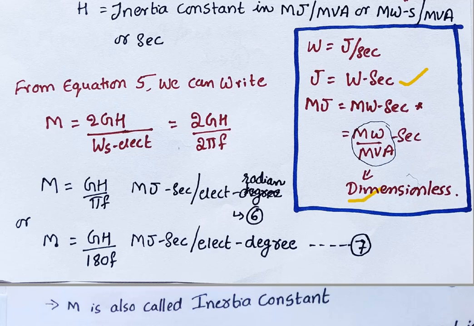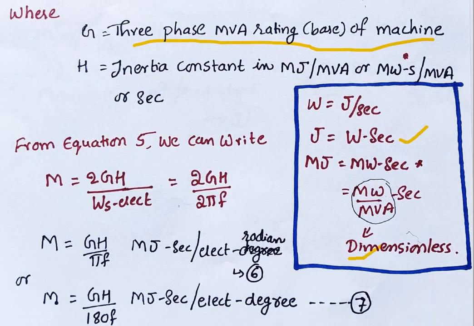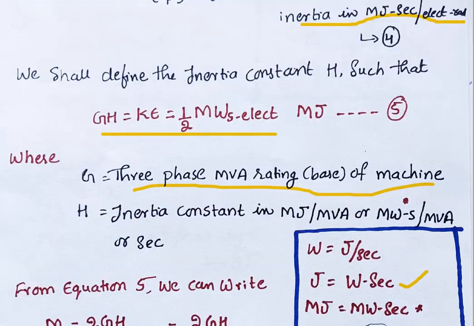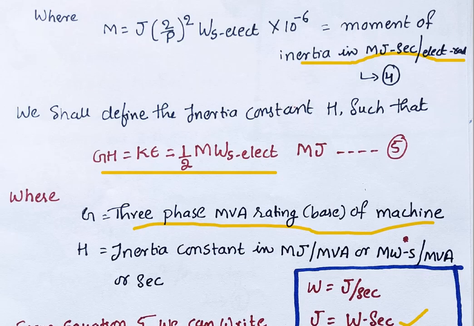So the same has been given here: megajoules per second per electrical radian. So M equals, with this equation, 2GH by omega S electrical.